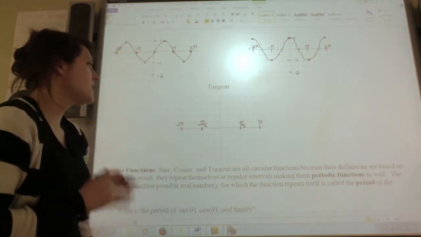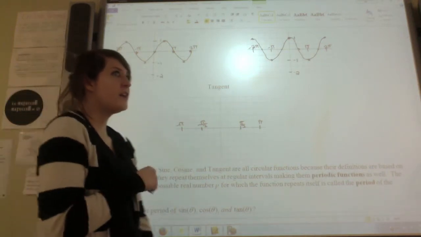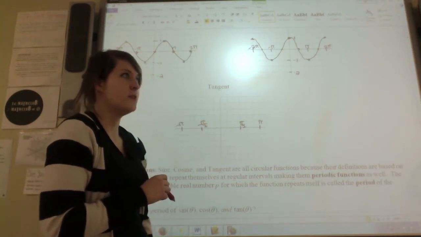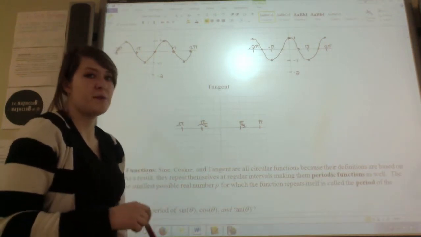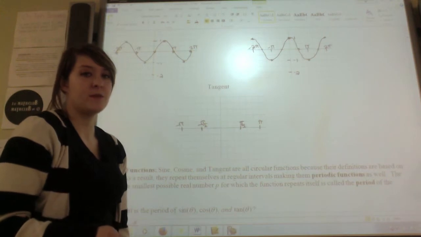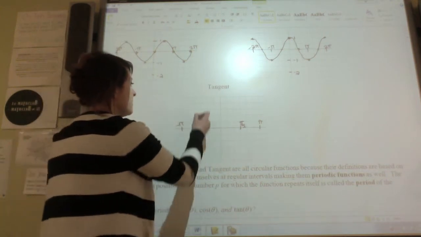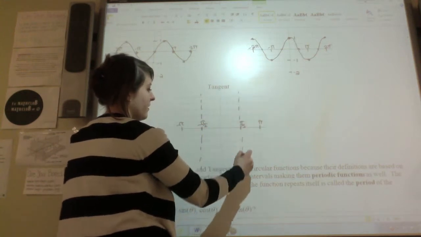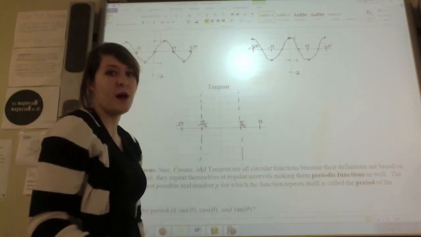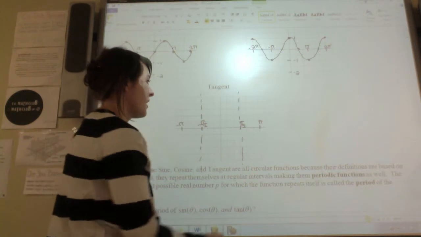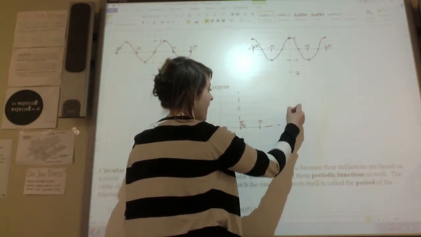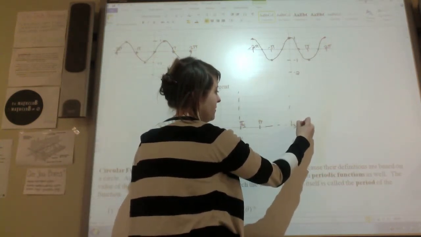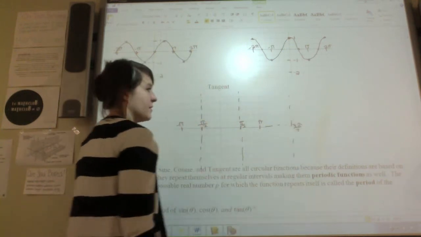Now, in a tangent graph, we're undefined at pi over 2, and we're also undefined at 3 pi over 2, which is also the same thing as negative pi over 2. So each of these are places where my function is undefined. Or any odd multiple of pi over 2 is a place where my function is undefined. So again, up here at 3 pi over 2, that would also be a line where it's undefined.